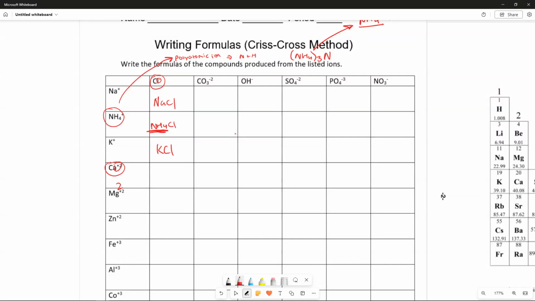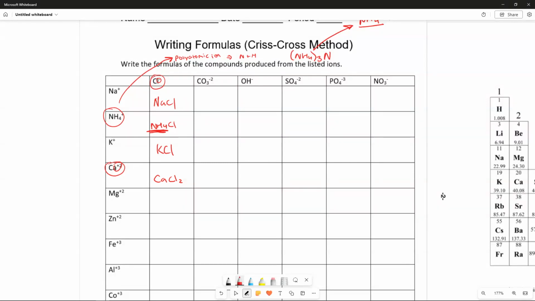You have 2 plus on the calcium, 1 minus on the chlorine, and we need to do this again, another 1 minus with 2 chlorines in order to get our desired net 0 charge on our compound. So for every 1 Ca, 2 Cls, so CaCl2.